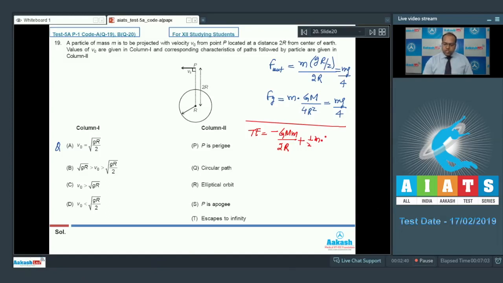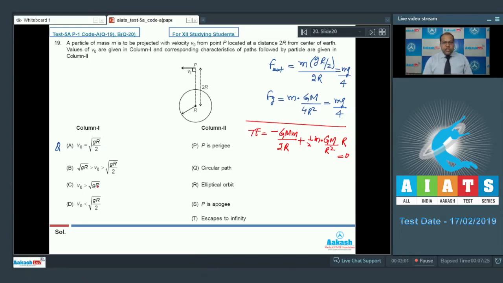So that is G into R. So G is G capital M by R square. So this is R square into R. So if I calculate this, it comes out to be 0. So when V0 is equal to under root GR, then total energy becomes 0.